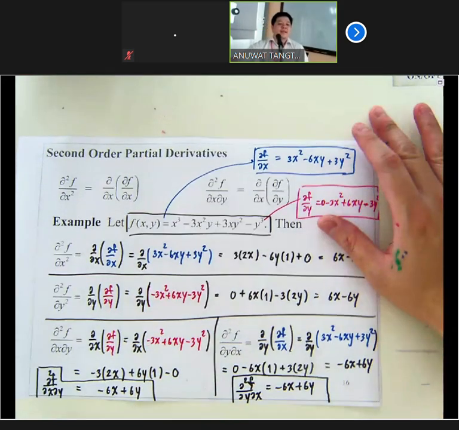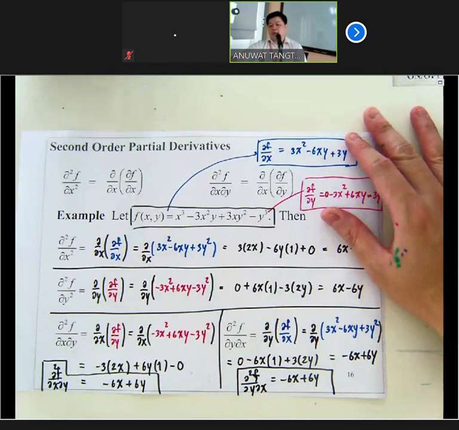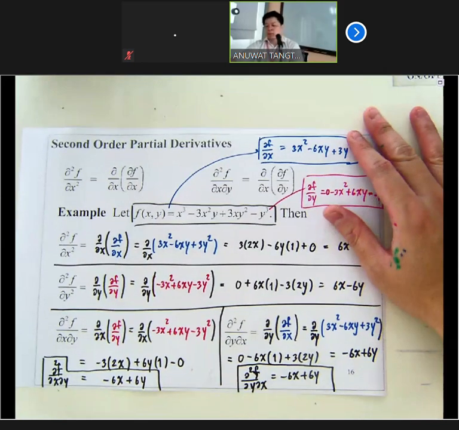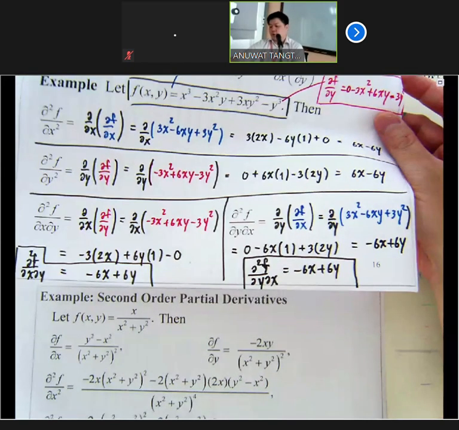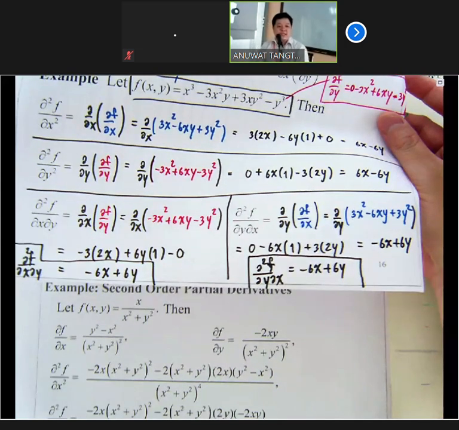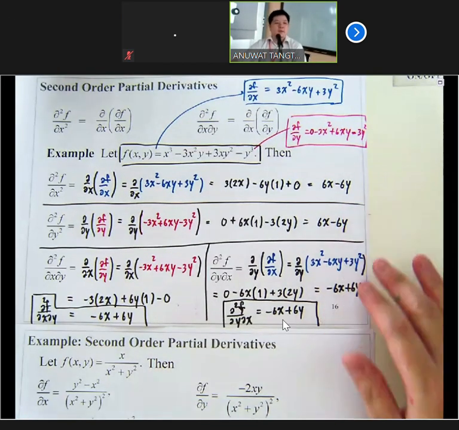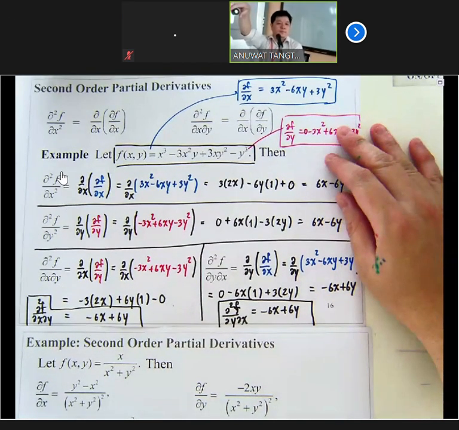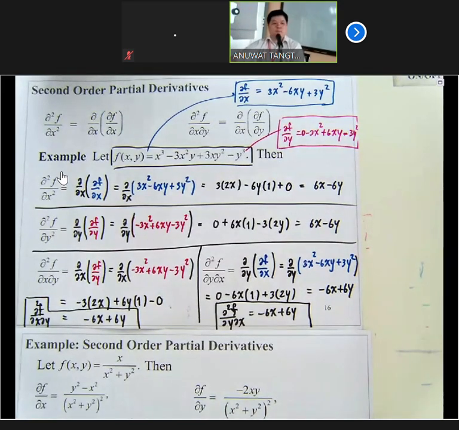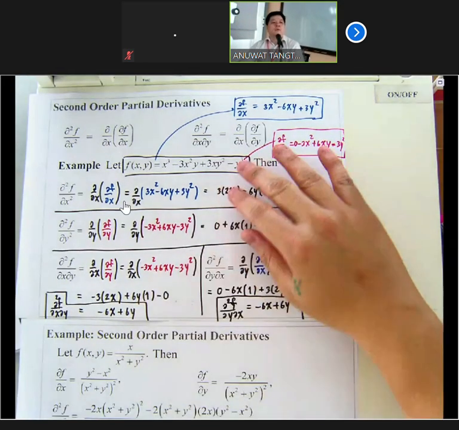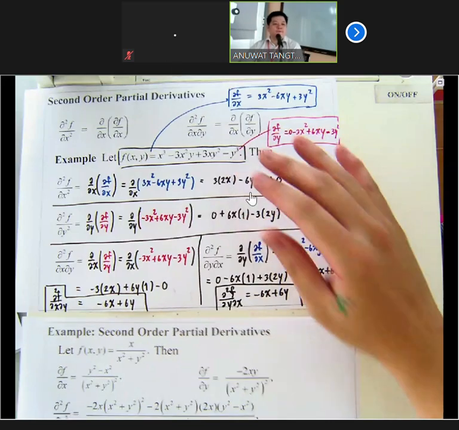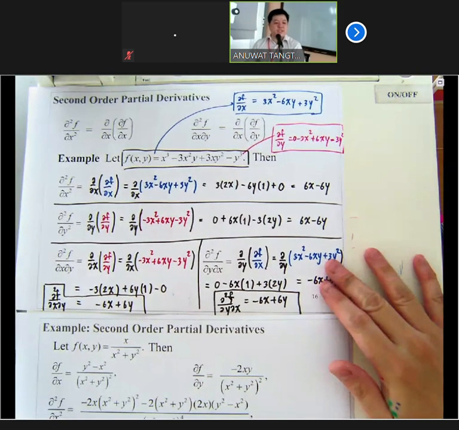Now let's look at the next example. So in the next example, the derivative is already given. But let me explain a little bit more. Okay, for those who have finished noting it down, just look at the next page.